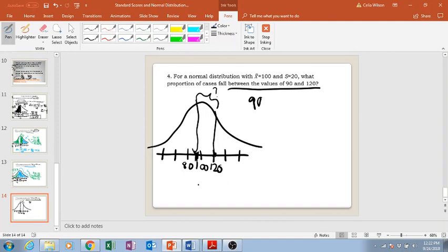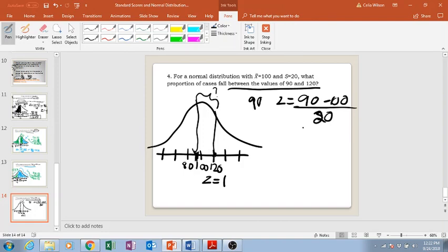What does 120 convert to as a z-score? That's a z of +1, right? But let's see what 90 converts to. Remember, z-score is our score minus the mean divided by the standard deviation, which is 20.